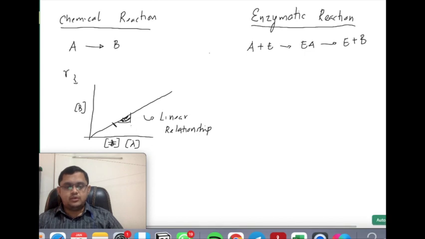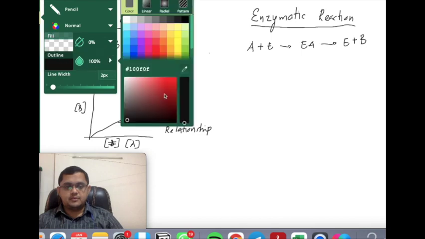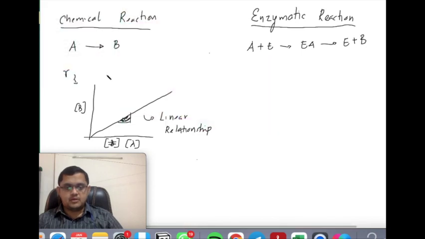What we infer from this is that when the substrate, which is nothing but A, increases, the substrate concentration increase is proportional to the product concentration.